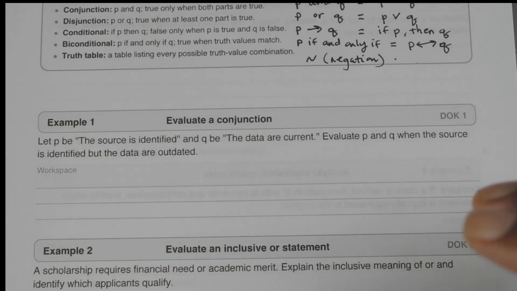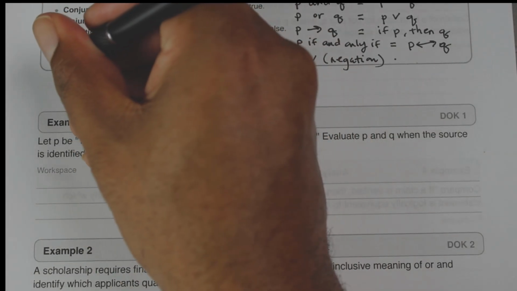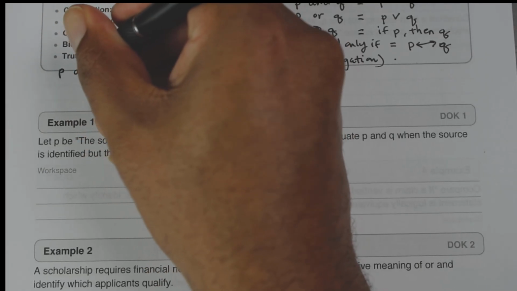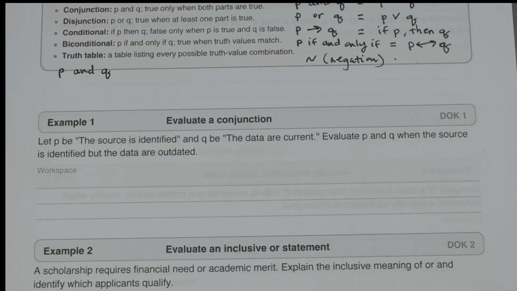So example number 1. The thing you got to understand is this: we need to begin with the language of this idea. When we say P and Q, what we're saying is the conjunction is true only when they both are true.